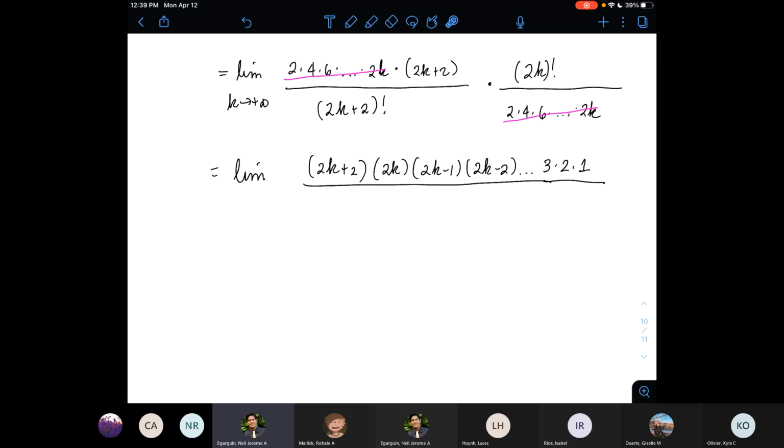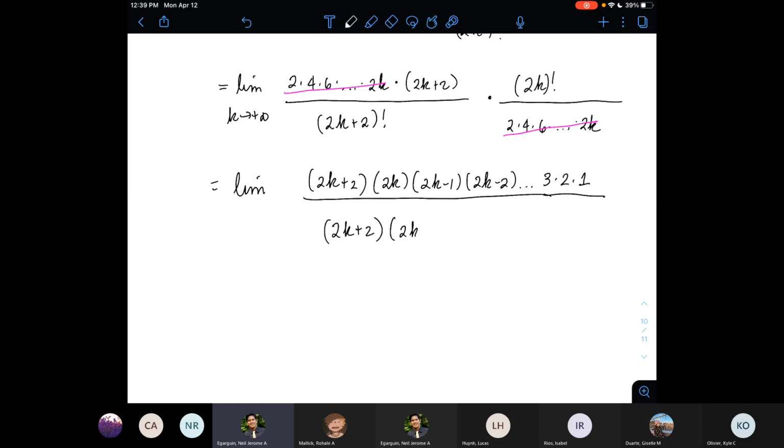On the other hand, the denominator has a 2k plus 2 factorial left, right? So that means we take the product starting from 2k plus 2 all the way down to 3, 2, and 1. So basically the expansion looks like 2k plus 2 times one step backward, that's 2k plus 1. Another step backward, so we get 2k. Another step backward will lead us to 2k minus 1. The pattern goes on until we reach 3 times 2 times 1. And we take the limit as k approaches infinity.